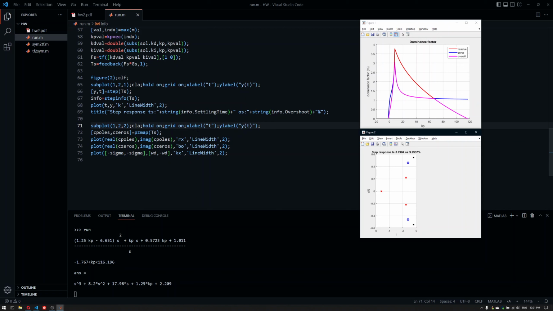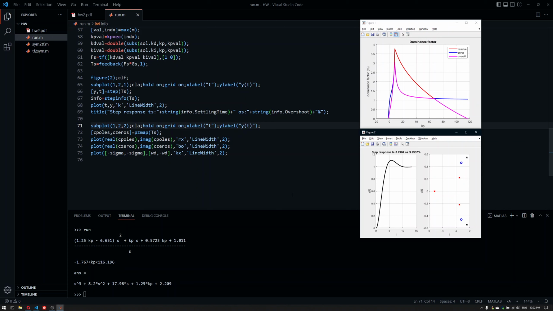Now, at this point, we're actually done with the second task, but I want to talk about something else, just to remind you of something. Now we can see it has 8.79 settling time, and we could call it 10% overshoot, which is quite nice.